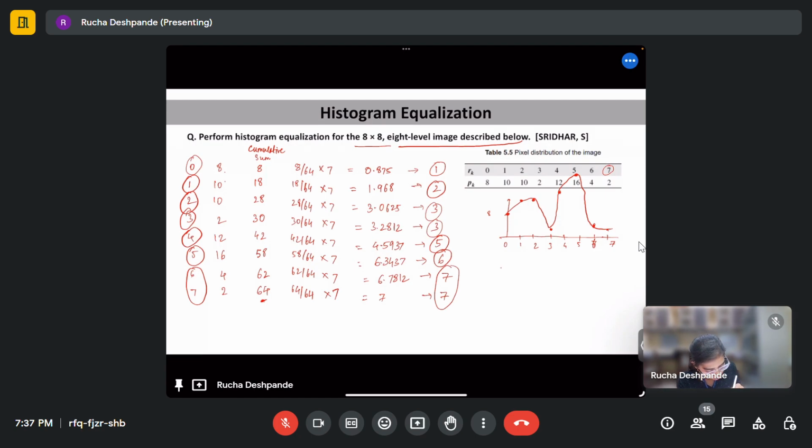So after doing this, the shape of the histogram should be such that the entire intensity range will have more or less similar values. So here, 1 has total 8 pixels. 0 does not have any pixels. 1 has 8, 2 has 10, then 3 has approximately 12.